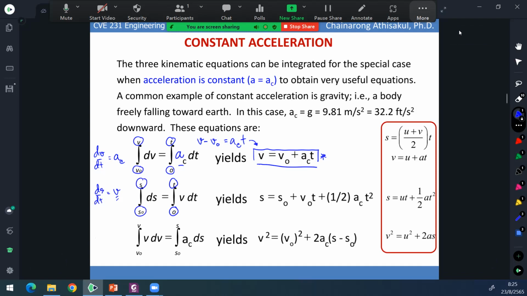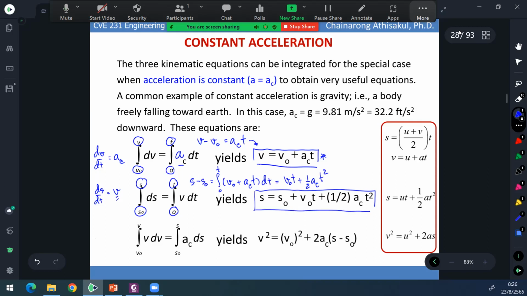The left-hand side gives s minus s0. For the right-hand side, we substitute v equals v0 plus a_c t, which comes from the first integration, and integrate again, giving v0 t plus one half a_c t squared.